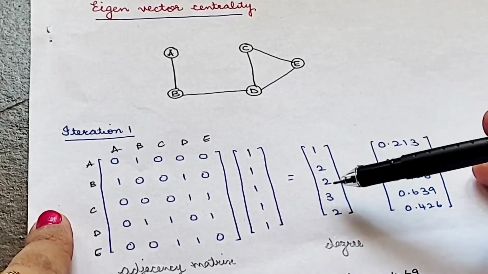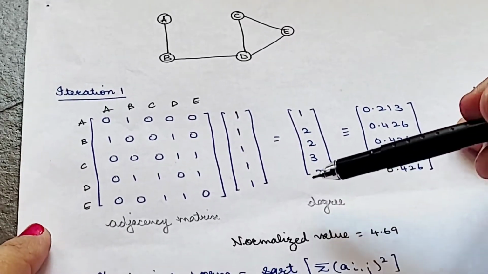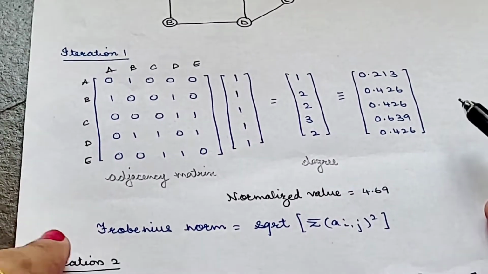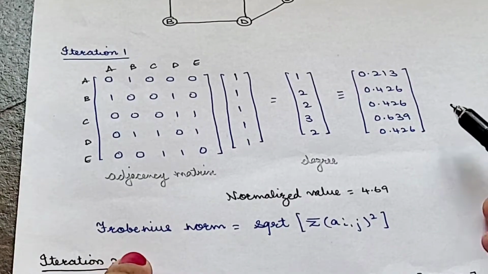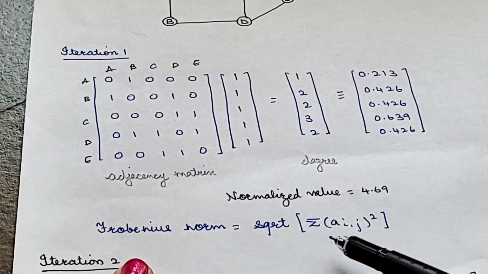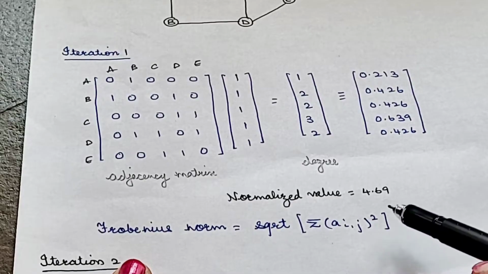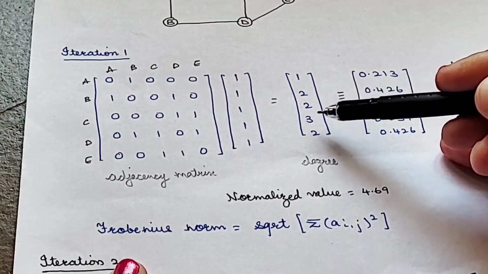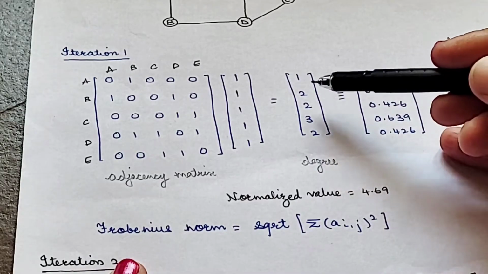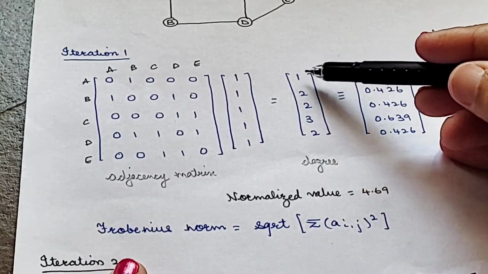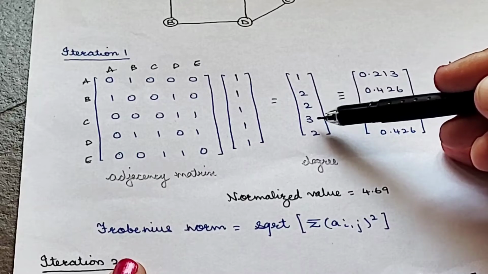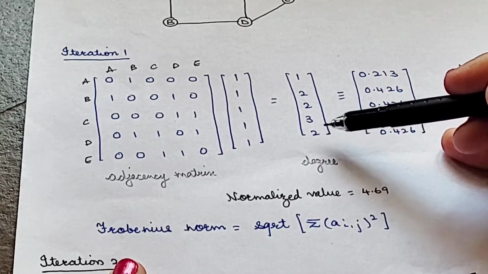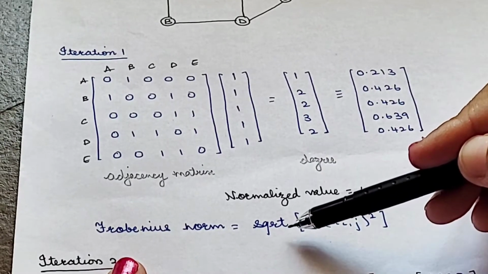Now, once we get this, we are supposed to find out the normalized value with the help of the Frobenius norm, which is equal to the square root of the summation of Aij squared. So we'll be finding out the squares, then taking the summation of 1 square plus 2 square plus 2 square plus 3 square plus 2 square, and then finding the square root of it.